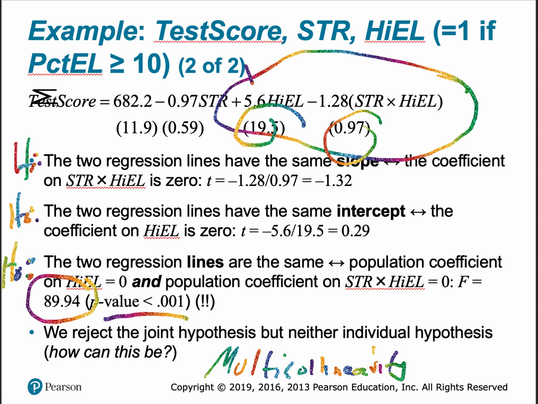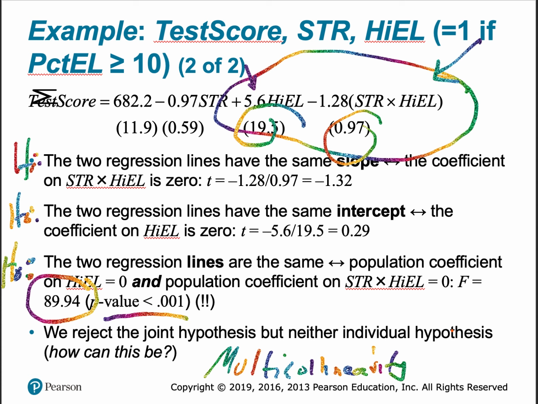This coefficient is the effect on test score for a change in high EL holding this thing constant. Oh, that's hard. Holding this thing constant when high EL is in here too. Folks, that's going to give us an imprecise estimate of this coefficient, of the 5.6 coefficient or the negative 1.28 coefficient. We're going to get imprecise estimates with large standard errors because of that imperfect multicollinearity.